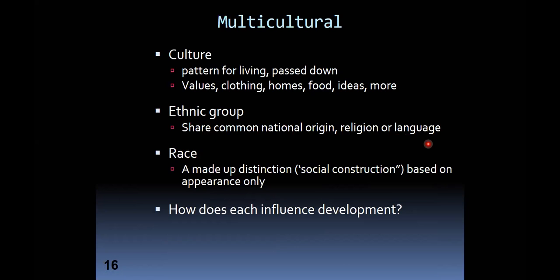Well, what happens then when we have kids grow up that don't speak Spanish anymore? Then what? Do we still have Hispanic culture? Do we still have Hispanics as an ethnicity? So I think language is a very important one there. Okay, so just something to think about.